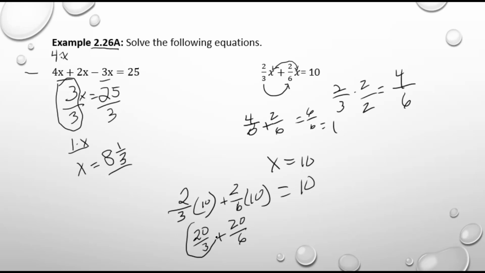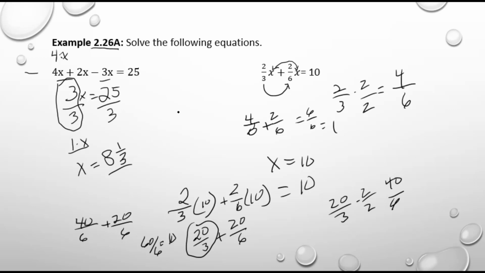Let's change this to 6. 20 over 3 times 2 over 2 is 40 over 6. So I have 40 over 6 plus 20 over 6, which is just 60 of those 6, and 60 divided by 6 is 10. So it all checks out. That's the way to check your work.